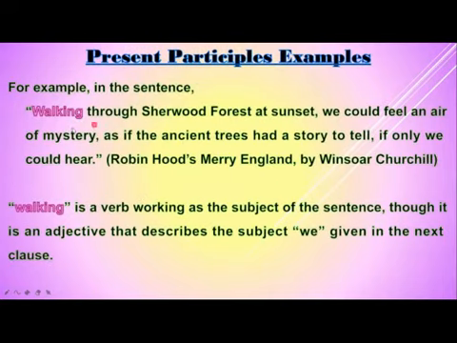For example, in the sentence, "Walking through Sherwood Forest at sunset, we could feel an air of mystery, as if the ancient trees had a story to tell, if only we could hear," from Robin Hood's Merry England by Winston Churchill, walking is an adjective that describes the subject we, given in the next clause.